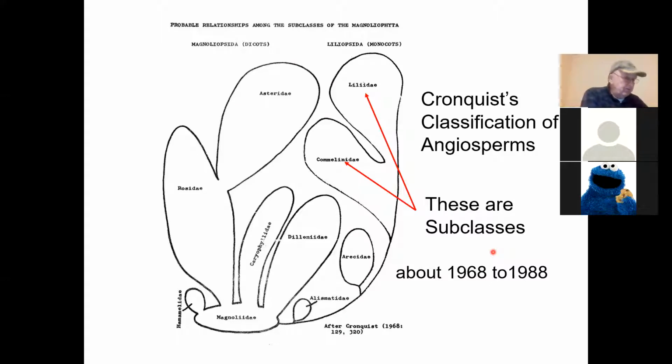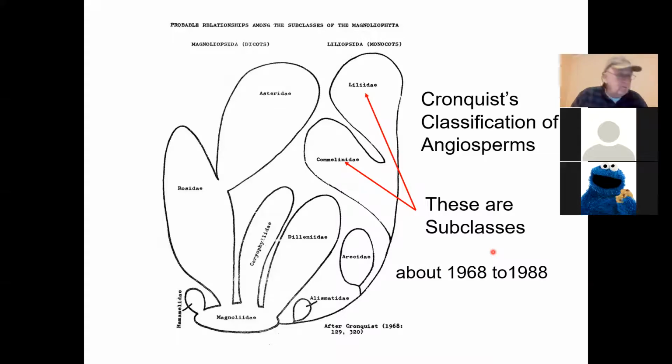One of my favorites was Walter Conquest, who died in 1992, but his system held sway from about 1968 to 1988. It would have probably held longer if he'd lived longer, but everybody was afraid of him. Not really. He was a nice guy, but he was loud and he was a big guy. He wasn't a bully, and I liked him a lot. His system held sway for a long time.